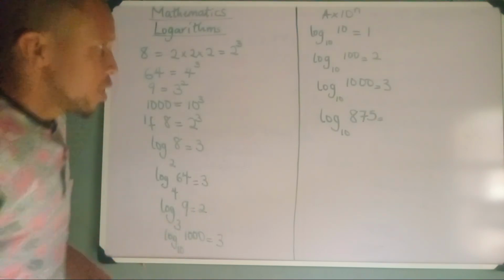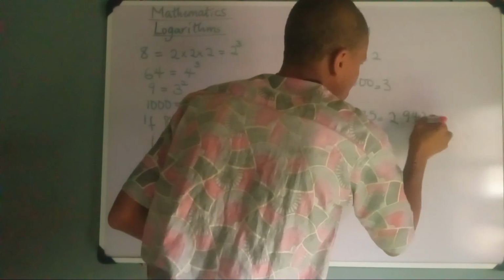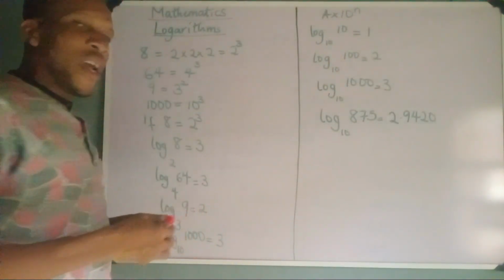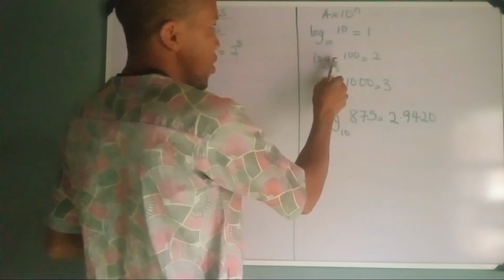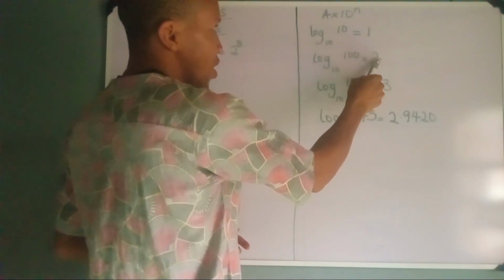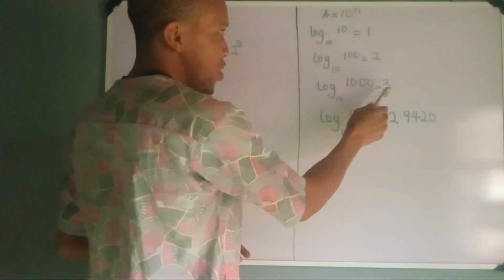Okay, that's equal to 2.9420. Now, why is this important? It's important because if you look at this, log 100 base 10 is 2. Log 1000 base 10 is 3.